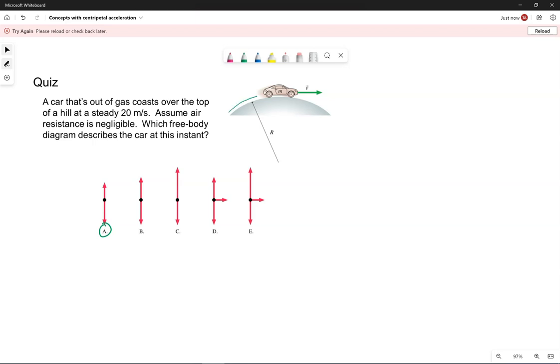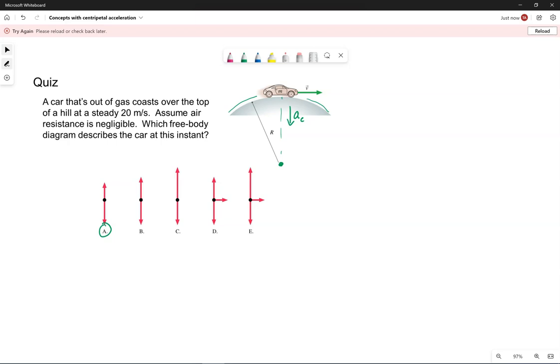So the car's been driving up, it's going to head back down. The fact that it is moving through some sort of circular path means there is a centripetal acceleration that points towards the center of that curvature path, so down to here. That means the net force must also point down that way.